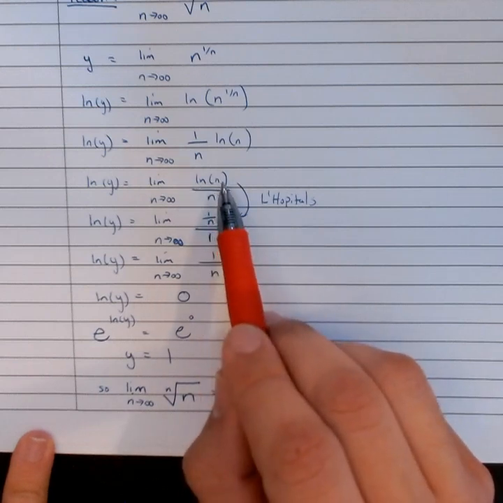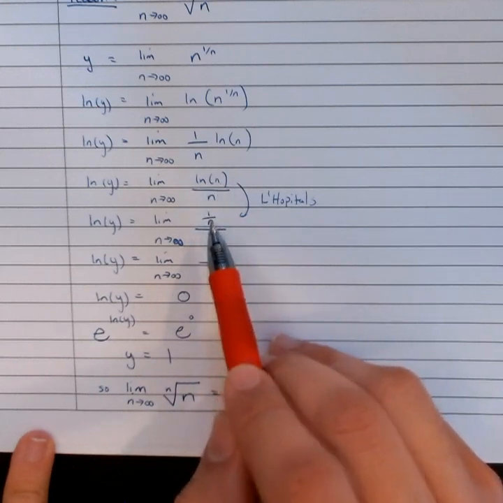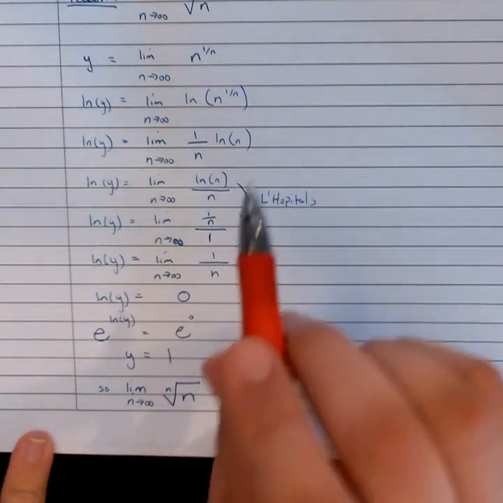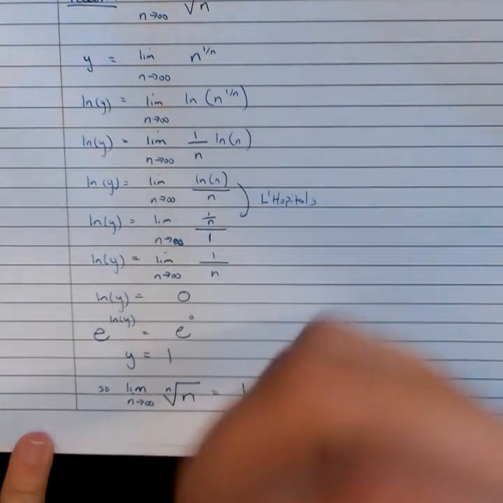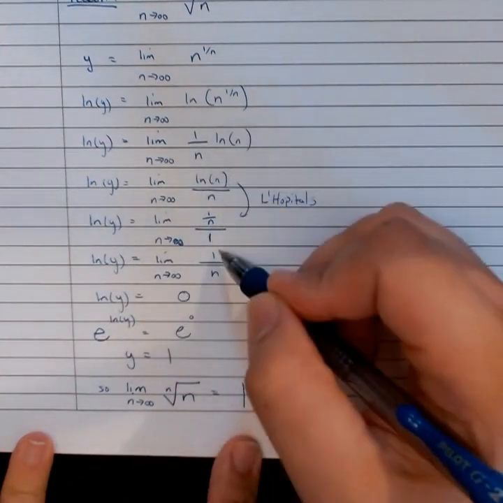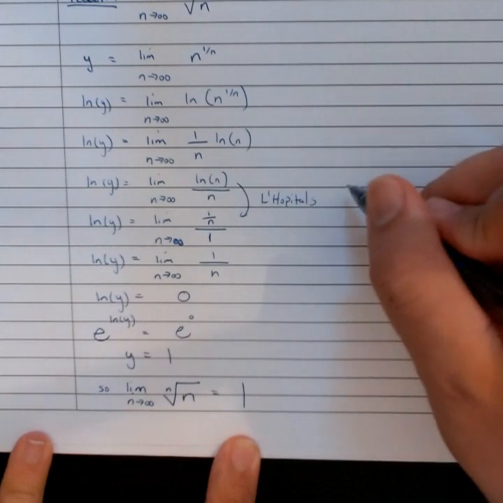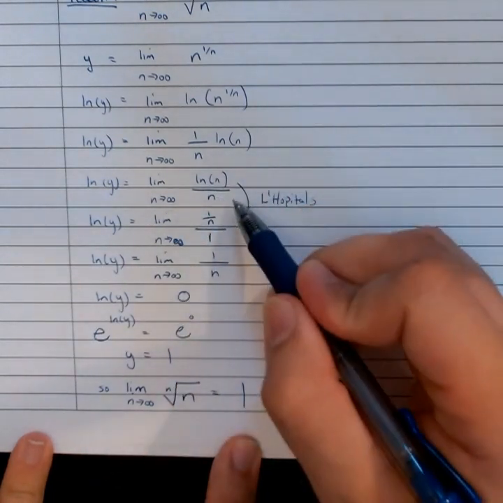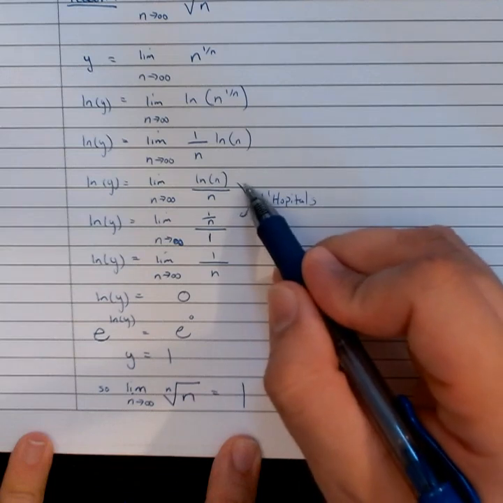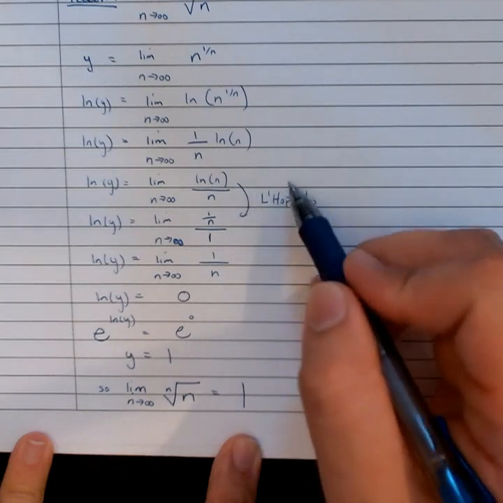The derivative of the natural log of n would be 1 over n. Well, actually, that's not quite true. Here, L'Hopital's rule doesn't work for discrete functions. What does work is if you consider the continuous case. So technically, this right here is an incorrect statement to say I've used L'Hopital's rule.